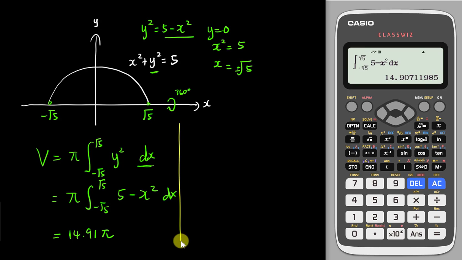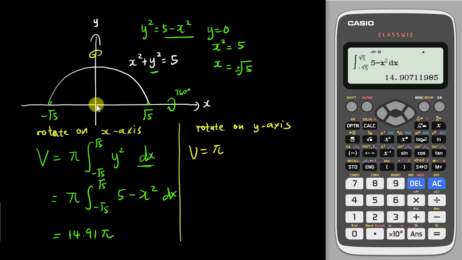Right now if I want to rotate on the y-axis, let's see what is the difference. Just now this one was rotated on the x-axis. If I rotate on the y-axis, my volume formula will be pi from 0 to this value.